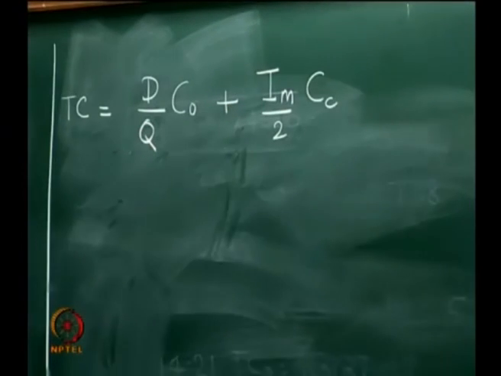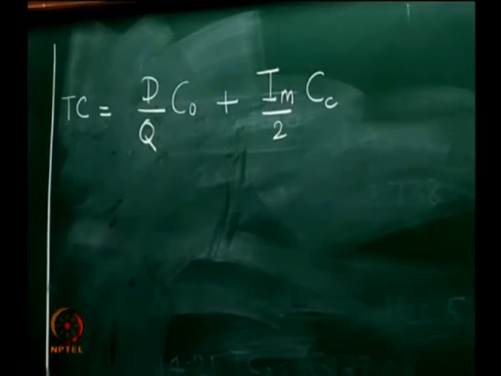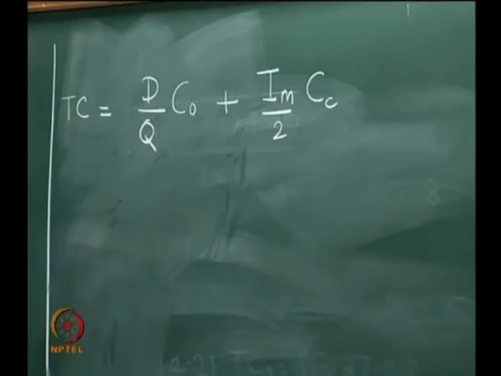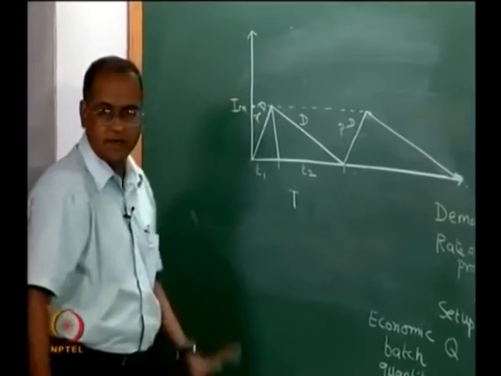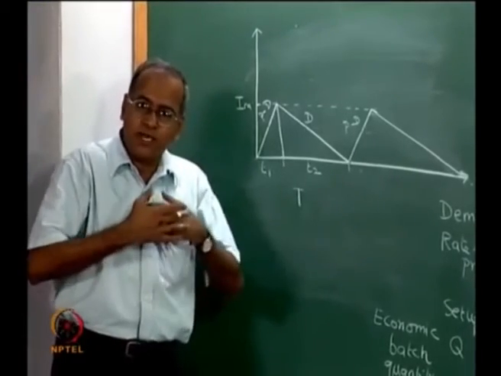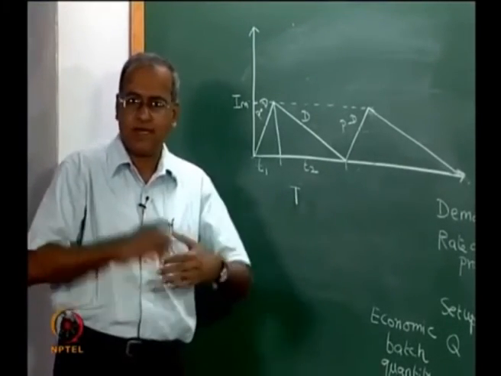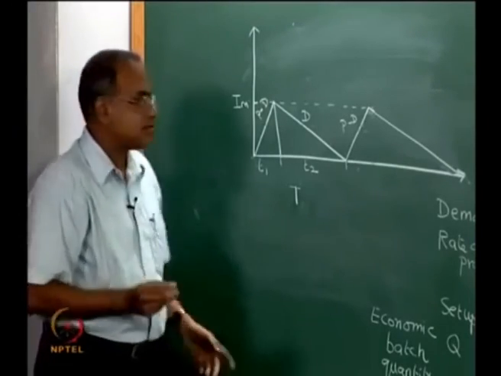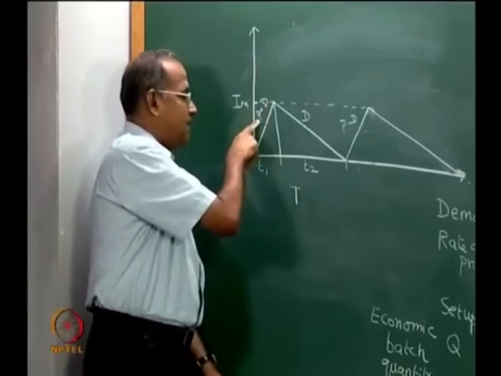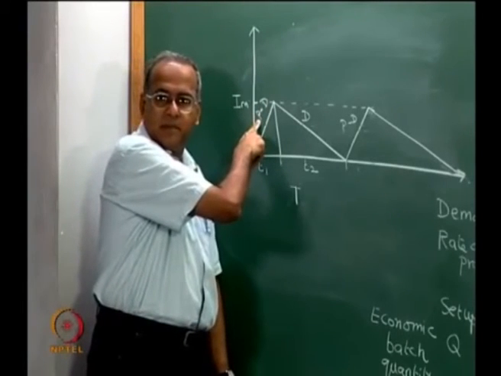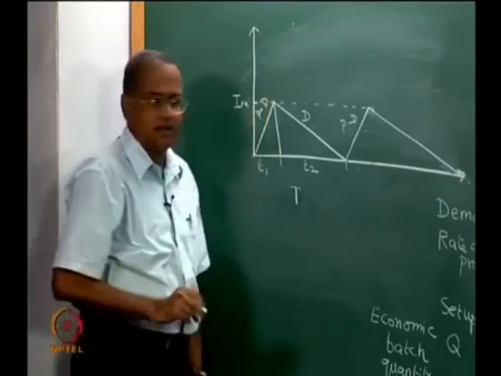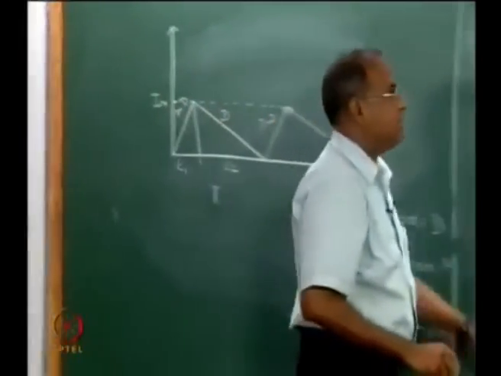Q is the only variable, we need to write this IM as a function of Q. Now, Q is the total quantity that we produce, IM is the maximum inventory that we actually build. We also know that as we produce at the rate of P, there is a consumption at the rate of D. So, this inventory is building up at the rate of P minus D. So, IM is equal to the maximum inventory that we have, which will be P minus D into T1.